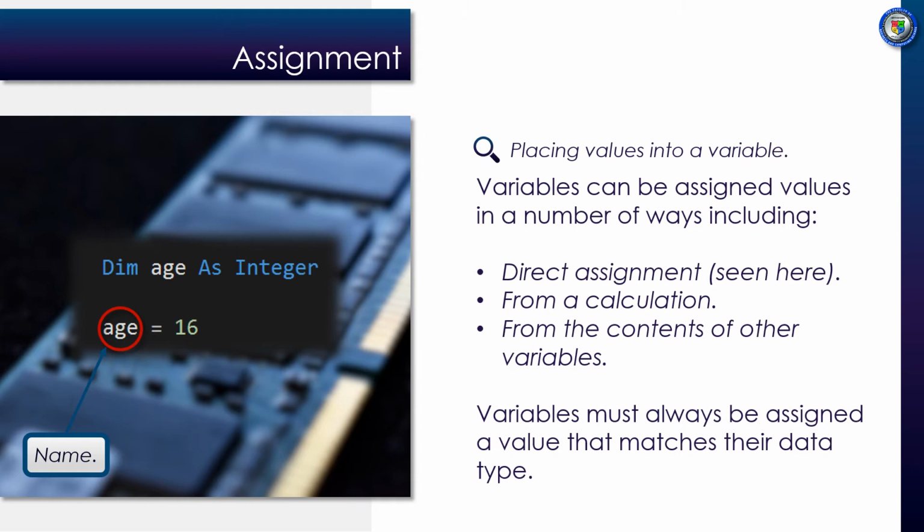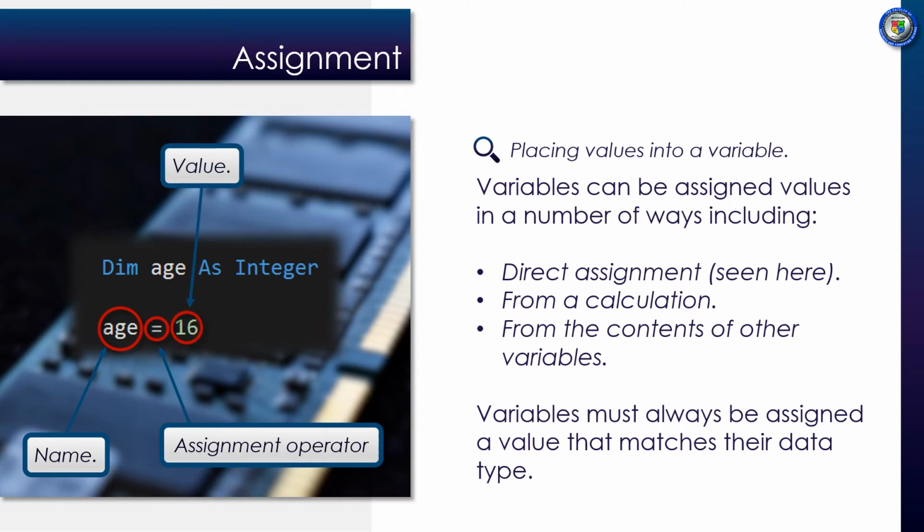The name of the variable is age, and it will store whole numbers. In this case, we see our variable circled. It's called age, and it is assigned using our assignment operator, the value of 16. This is how we assign data to our variables.